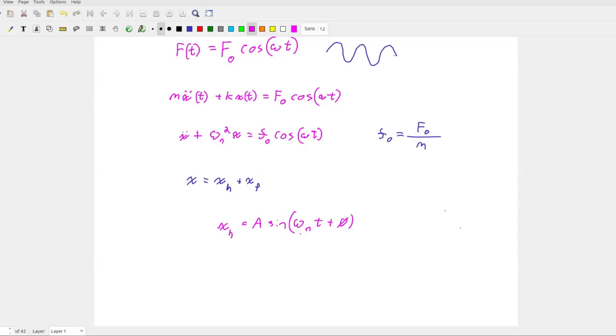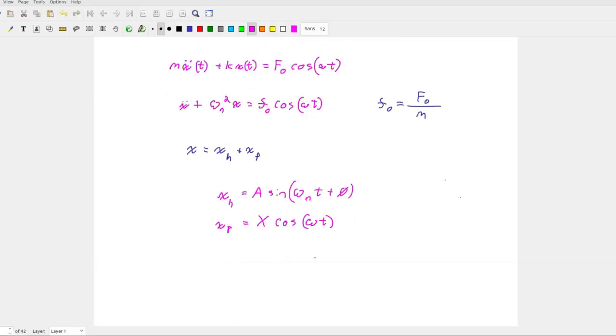Okay, so that means that I can do x of p is the right-hand side of that equation now. And I'm going to have capital X, a new term that we're defining, cosine of omega t.